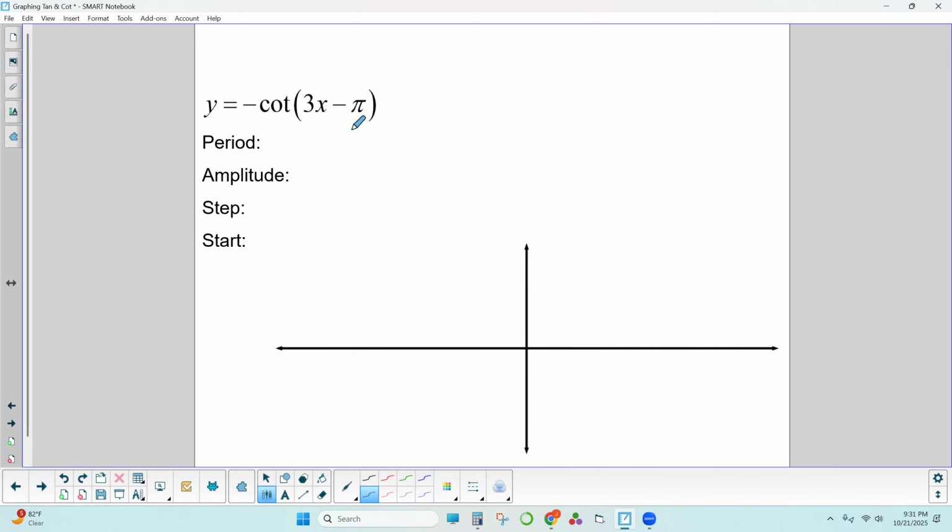Now this one, as you can see, we need to factor this. So if you look inside parentheses, if you've got two terms and your leading coefficient is anything other than a positive 1, you need to factor that out. So I'm just going to rewrite this, and I'm going to factor out the 3. 3 times x is 3x. What times 3 is going to give me negative pi?